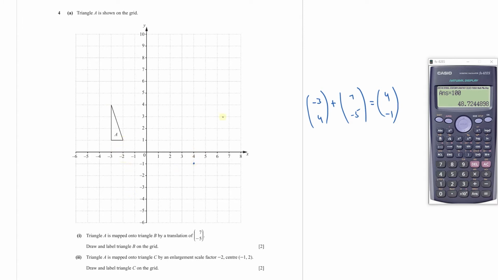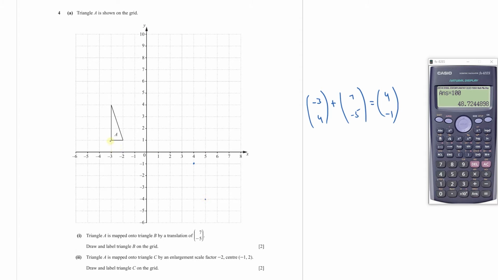You can also do it directly without doing the calculation. So you move plus 7 in the x direction, minus 5 in the y direction. So if this is the point, you move plus 7, 1, 2, 3, 4, 5, 6, 7, and then negative 5, 1, 2, 3, 4, 5. So this coordinate here will be 5 and minus 4.